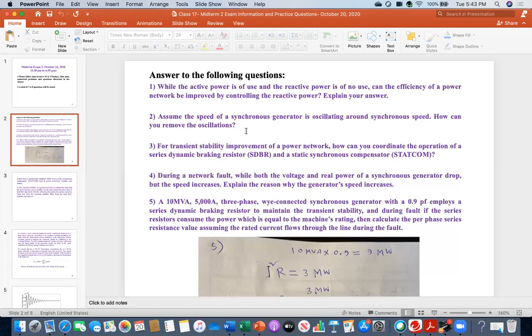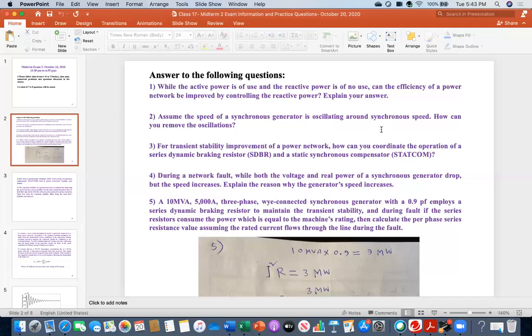Okay, and then question number 2. You remember that day, in the second class, we were discussing this. The assumption is that the generator is equipped with AVR, governor, PSS, everything, but it is still oscillating around the synchronous speed. This might happen because consumers are continuously changing their load, either injecting or taking out load, whatever the amount, 100 watt, 200 watt.